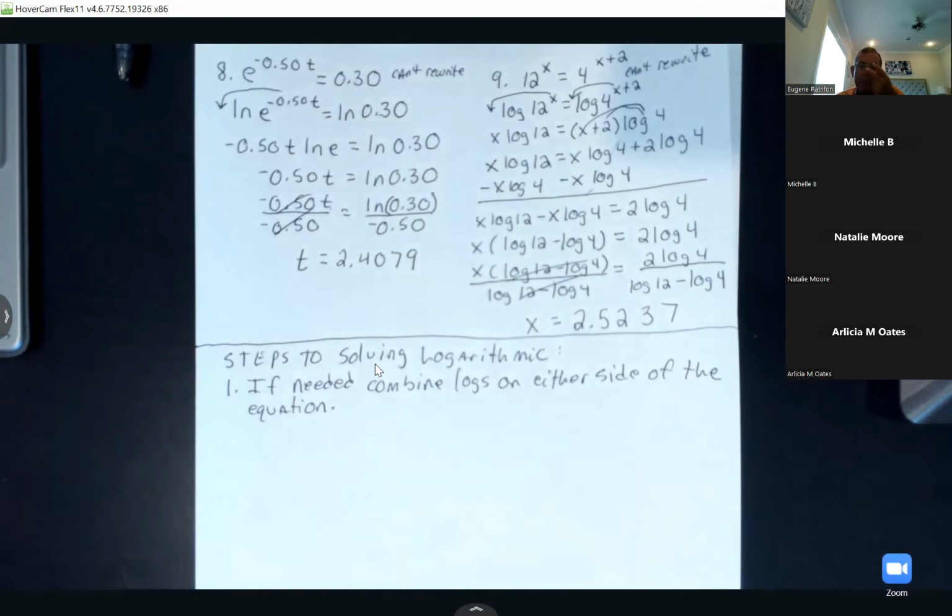Now, here's the big thing on the log equations. You might want to check your answers on these. Because remember, we cannot accept negative answers for our log equations.